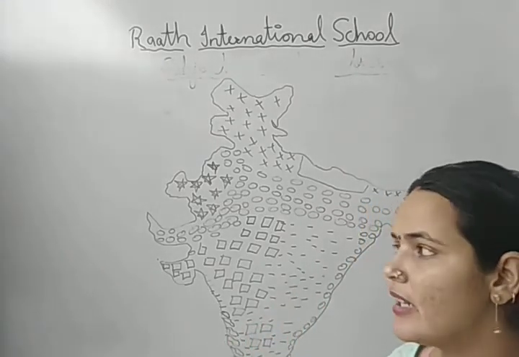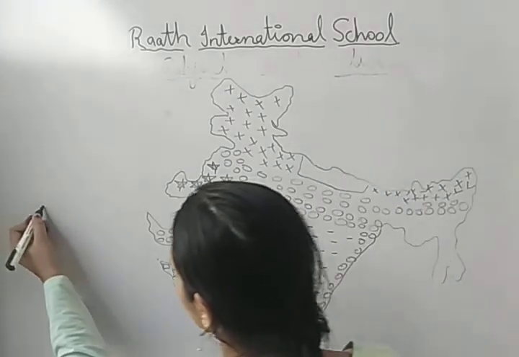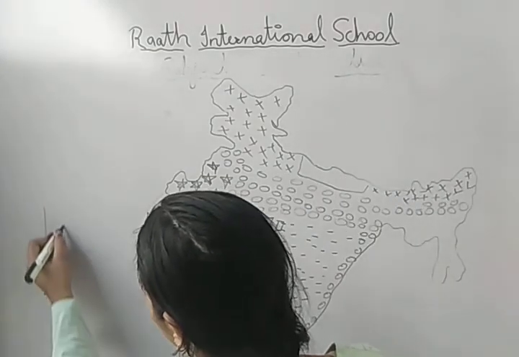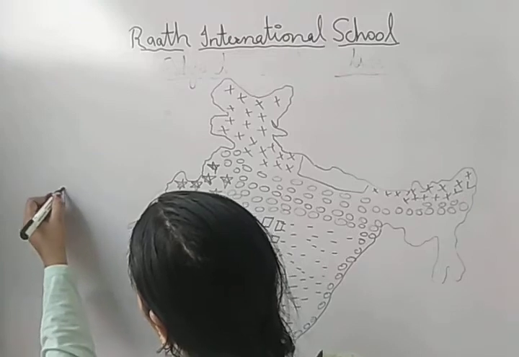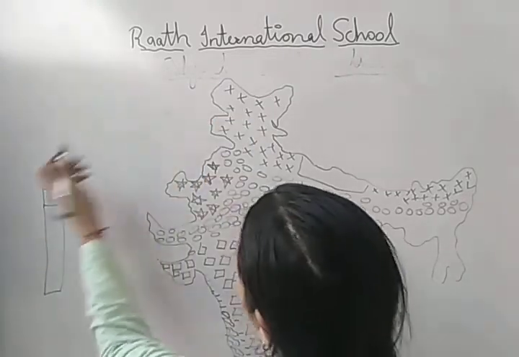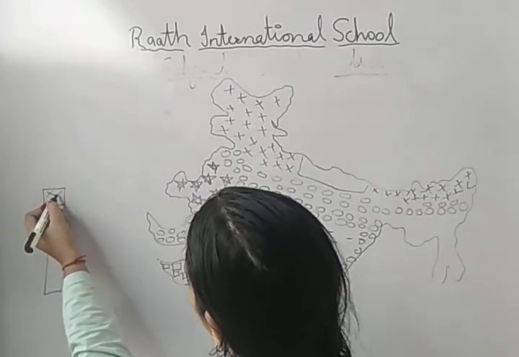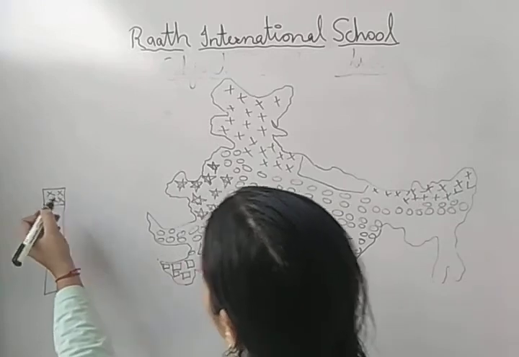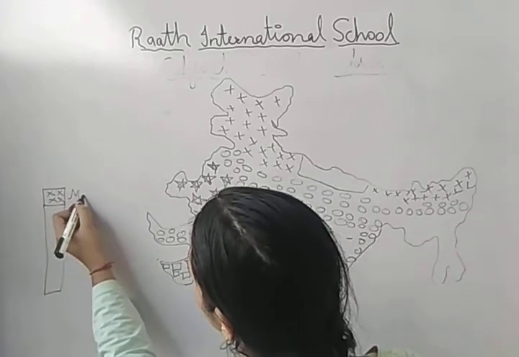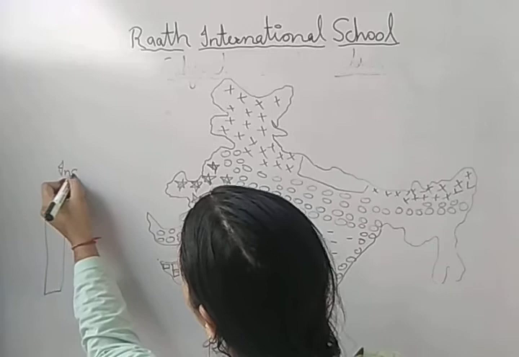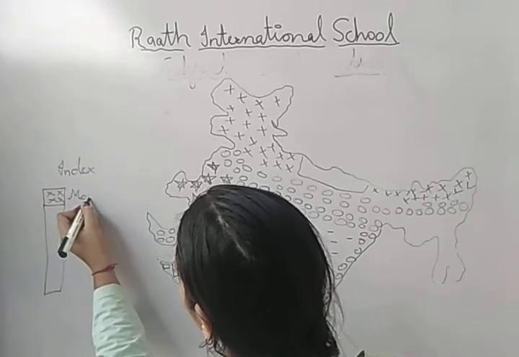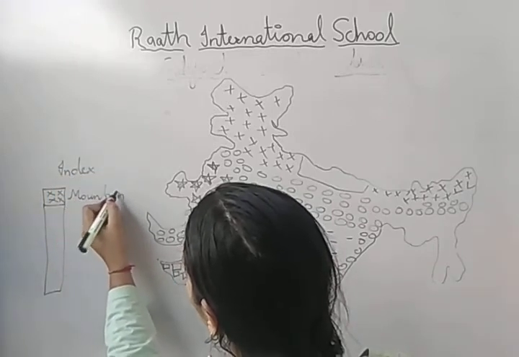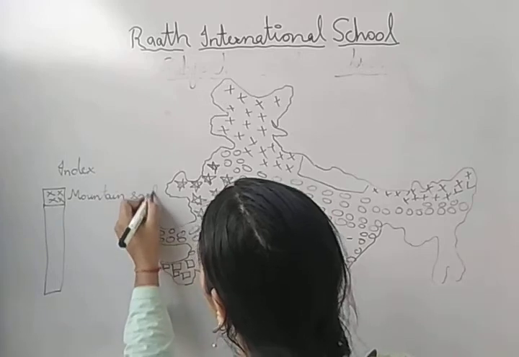Now I will make the index so that you can easily understand which symbol I have used for which kind of soil. So the first is the cross symbol, that is used for the mountain soil. Index, it is mountain soil.